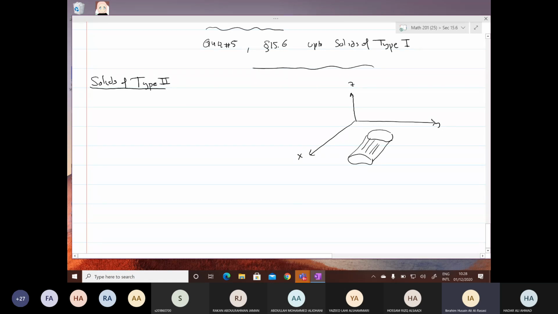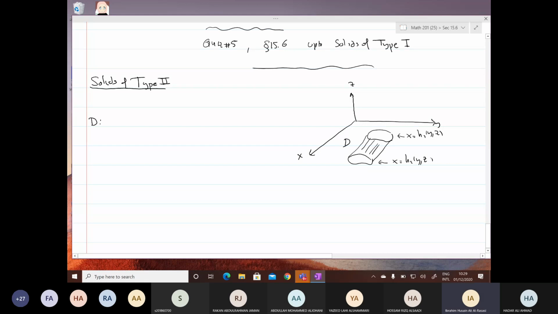Solid of type 1 was along the z-axis, parallel to the z-axis. Now, along the x-axis, the equation of this surface is x equals h1(y,z), and the equation of this surface is x equals h2(y,z). We need to describe this solid D.